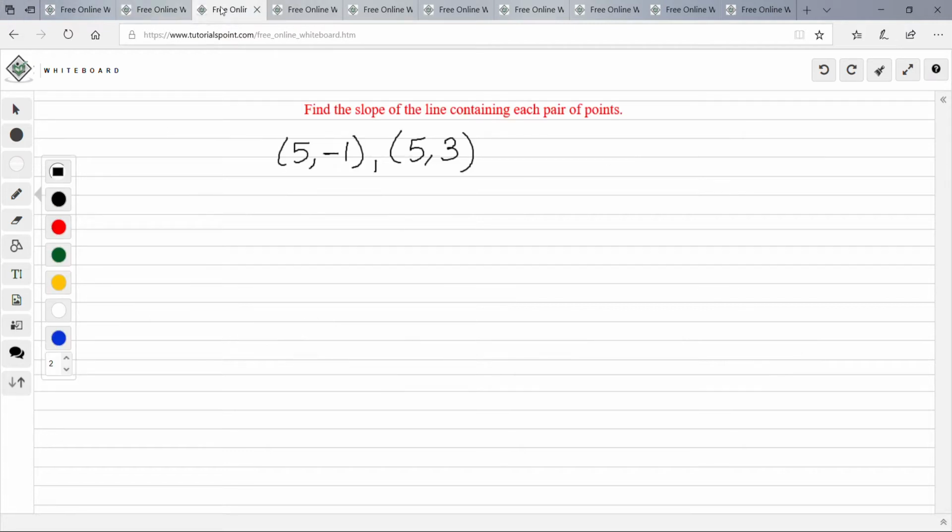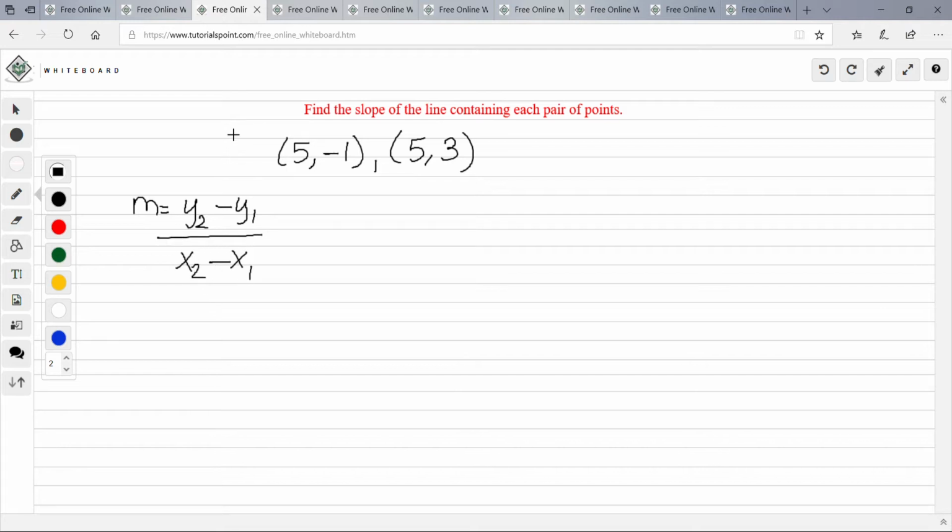Okay, so the first one says, find the slope of the line containing each pair of points. So we just have to find the slope. We don't want the linear equation graph. So remember, slope m is y2 minus y1 over x2 minus x1.